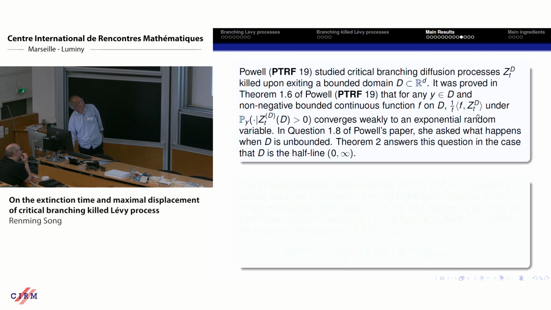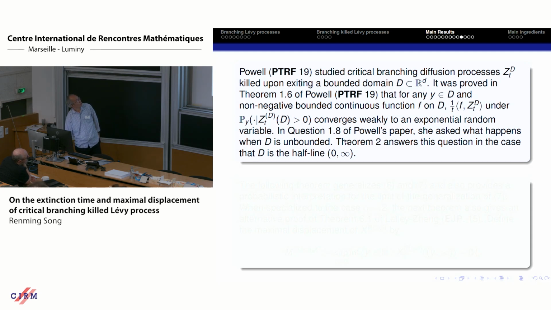This converges to a certain exponential random variable. The key assumption there is that D is a bounded smooth domain, so the spectral decomposition of those semigroups plays an important role. The argument there doesn't work if D is unbounded.